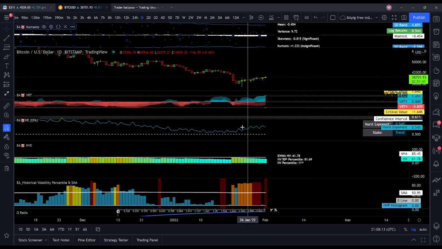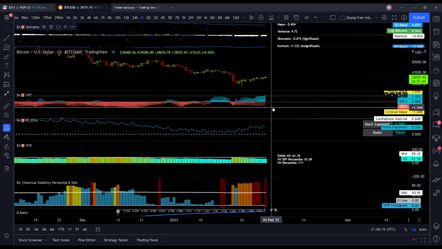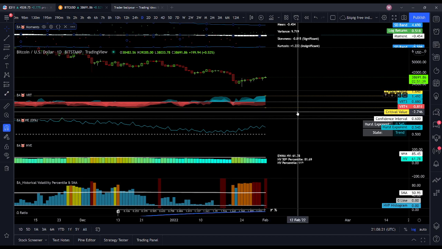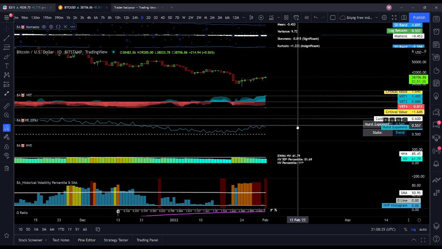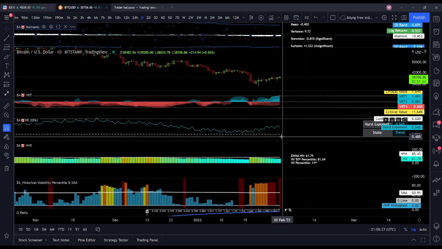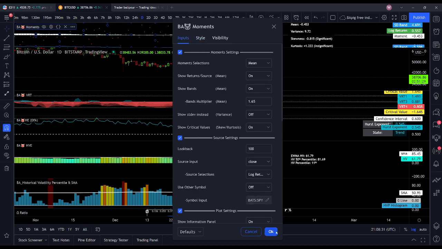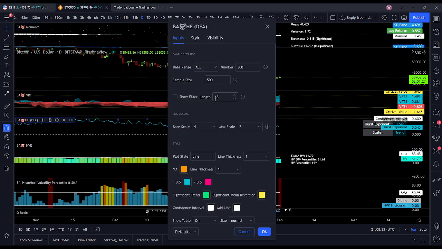Putting those into perspective, we see that negative mean, and we see the VRT going into a state of market inefficiency, and the Hurst exponent in a state of trend. This is in relation to the past 500, right? Let me see. Yep, past 500.